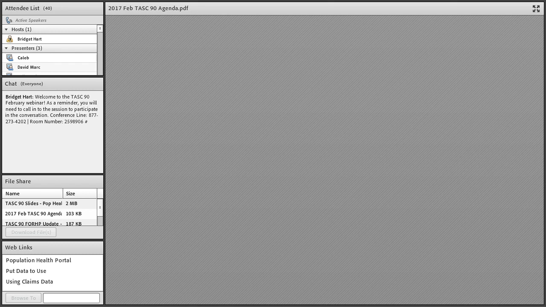We are working with the Federal Office of Rural Health Policy and the Flex Monitoring team on being able to collect your PIMS data in an easier way through a collection tool.